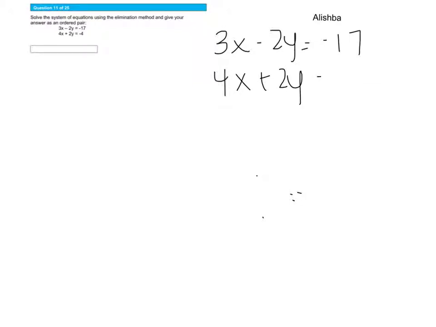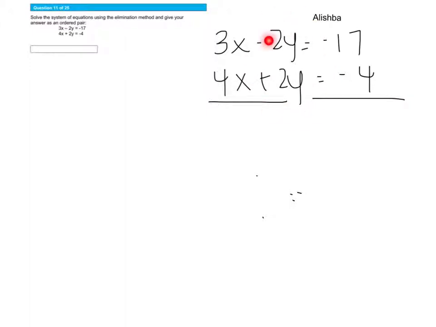Okay, so next problem, we are going to solve 3x minus 2y equals negative 17 and 4x plus 2y equals negative 4 using elimination.